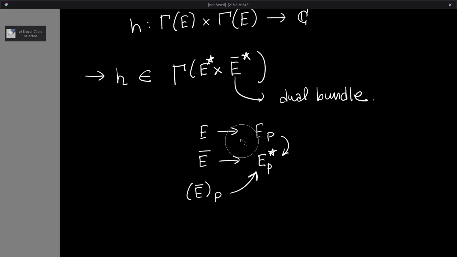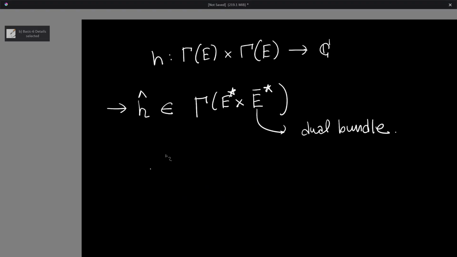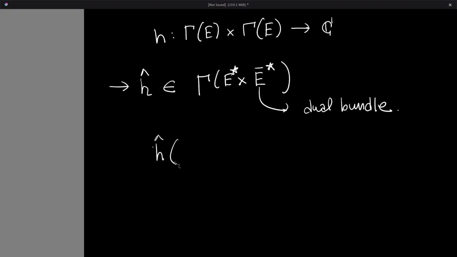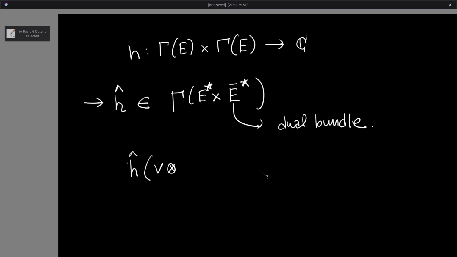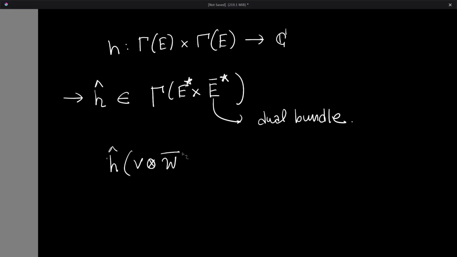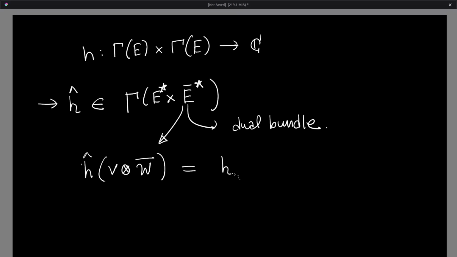So there's supposed to be a hat here. The way we define this is V times W bar, since we're talking about the tensor field, where W bar is an element of the dual bundle. And we say that this is equal to H of VW.